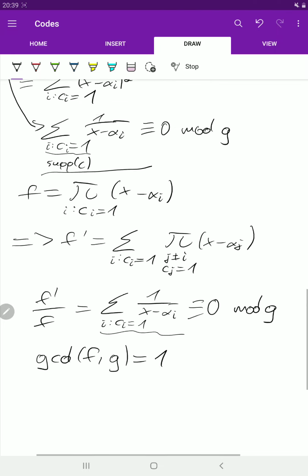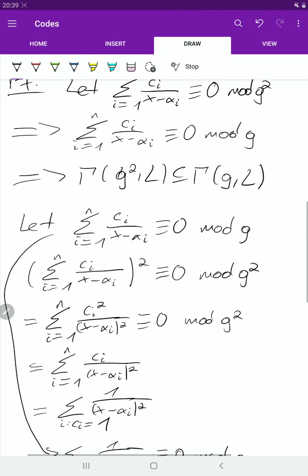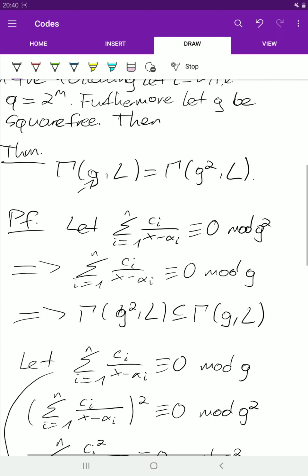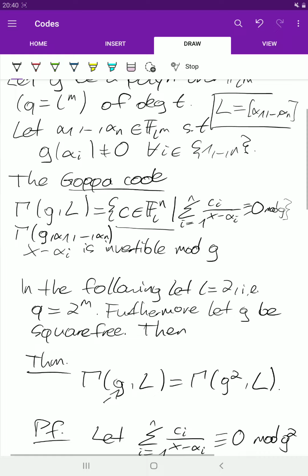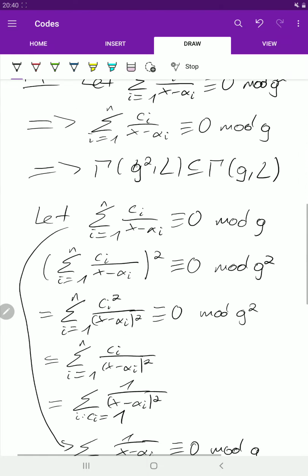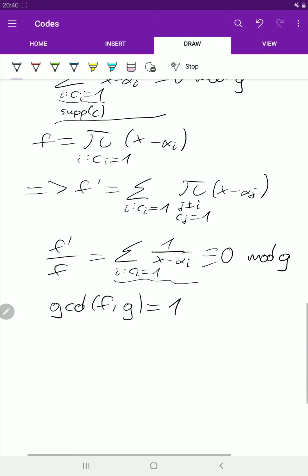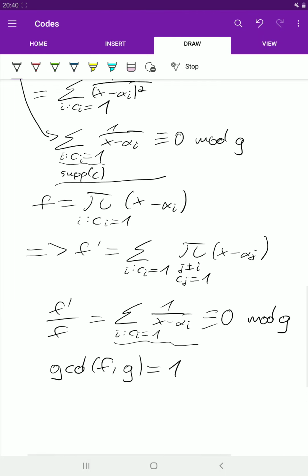Why is that? Well, let's see. We assumed in the beginning that g of alpha i is non-zero. So this gives us that, since here we have just a product over x minus alpha i, this greatest common divisor is 1.